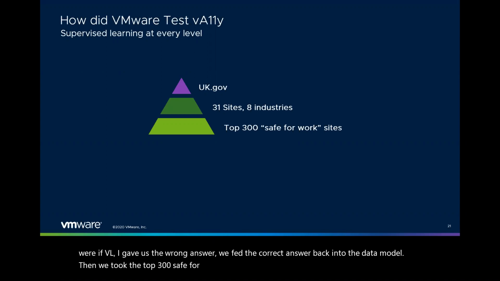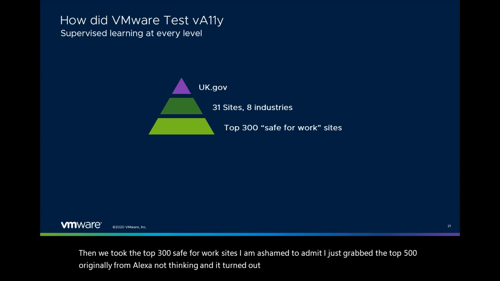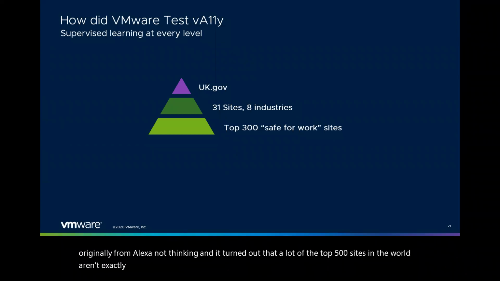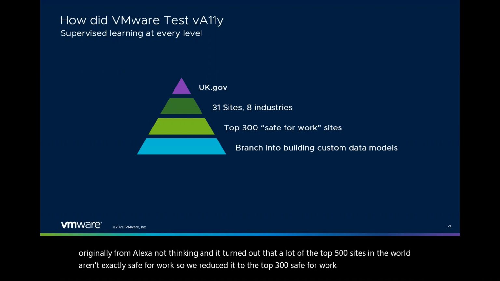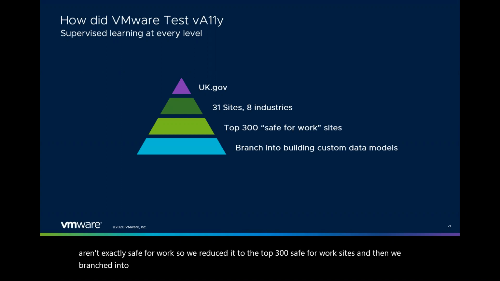I'm ashamed to admit I just grabbed the top 500 originally from Alexa, not thinking. And it turned out that a lot of the top 500 sites in the world aren't exactly safe for work. So we reduced it to the top 300 safe for work sites. And then we branched into building custom data models based on the partners. So the first 3 feed into a generic data model.